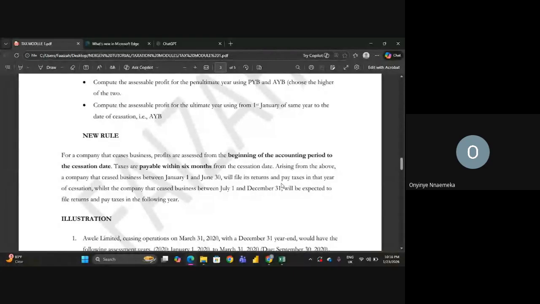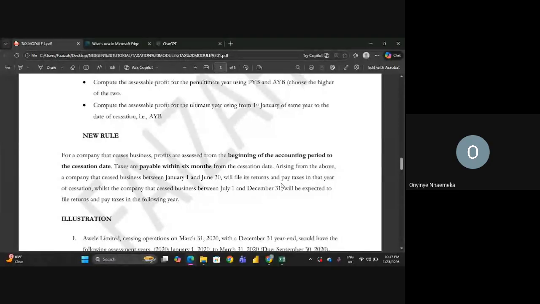But in the year when they decide to cease, that year will no longer have a 12-month basis period. It cannot be more, it's going to be less than 12 months. The basis period will now be the beginning of the accounting period to the cessation date. It's just like the opposite of commencement.